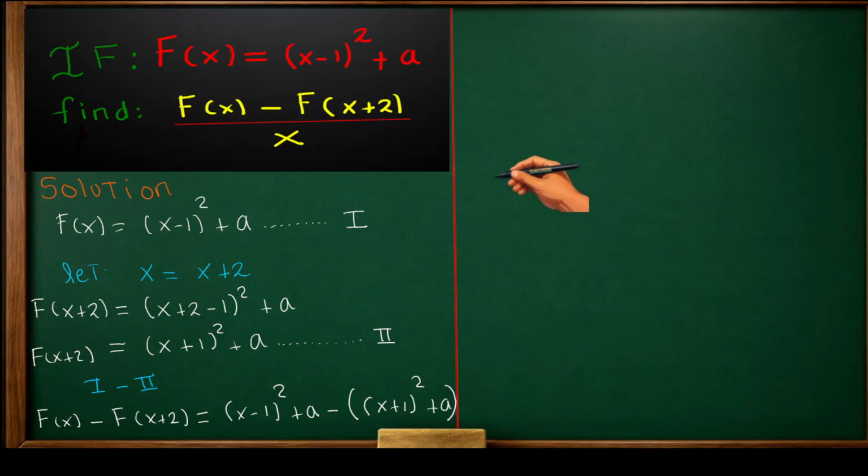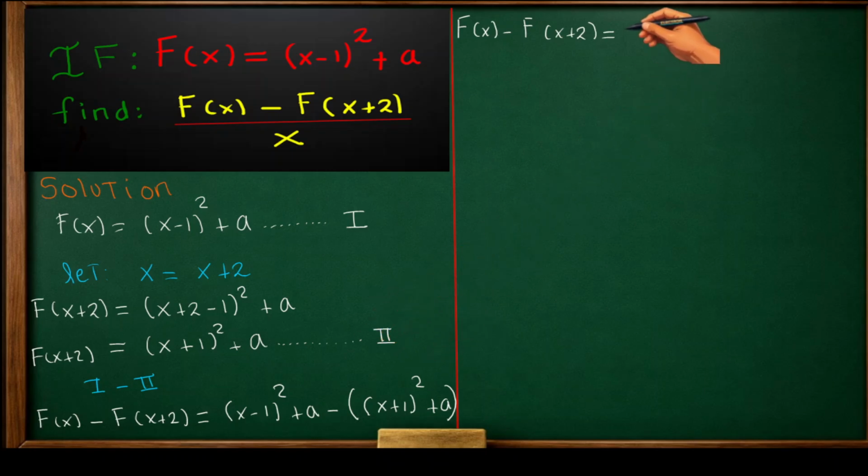So f of x minus f of x plus 2 equal to (x minus 1) square plus a, minus times plus minus (x plus 1) square, minus times plus a minus a. We cancel a.